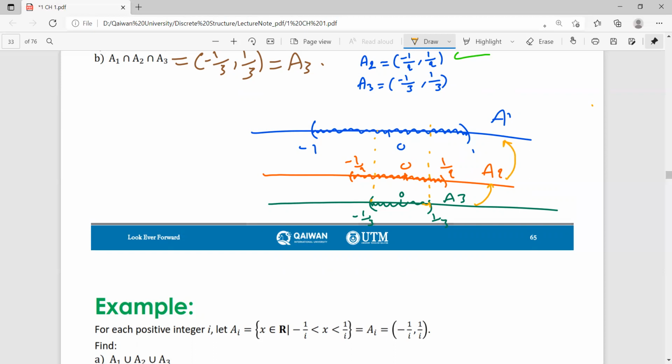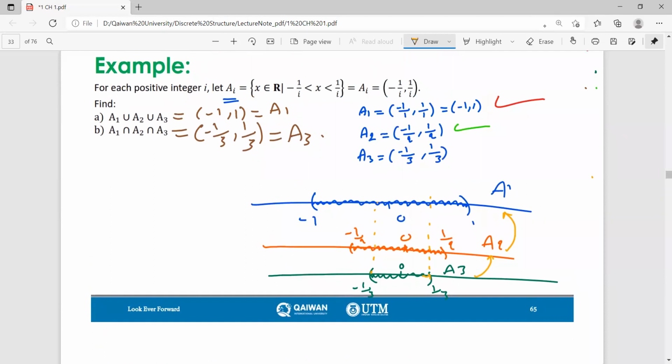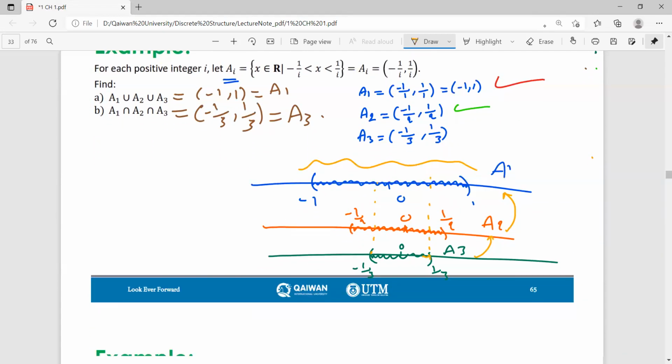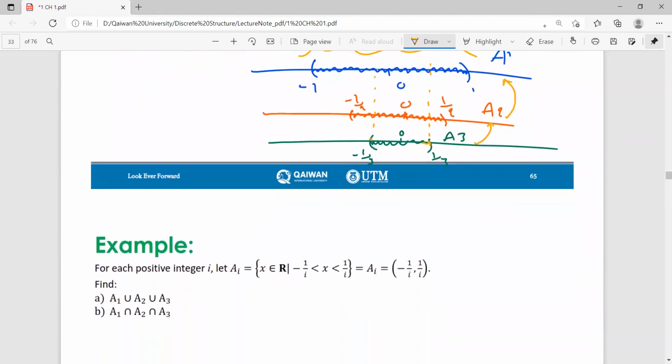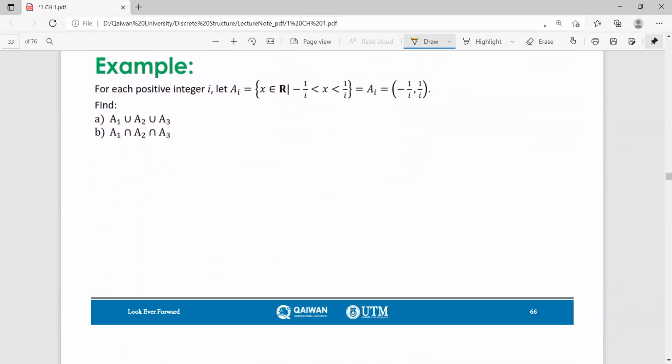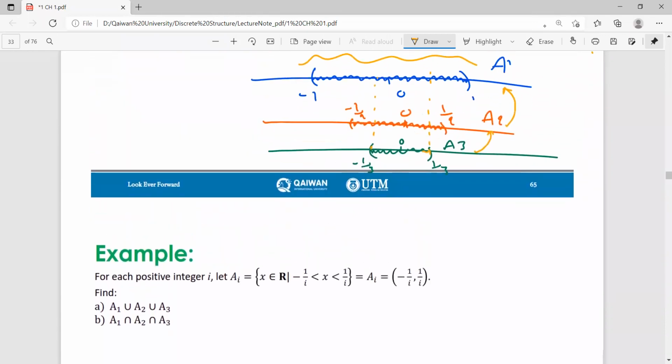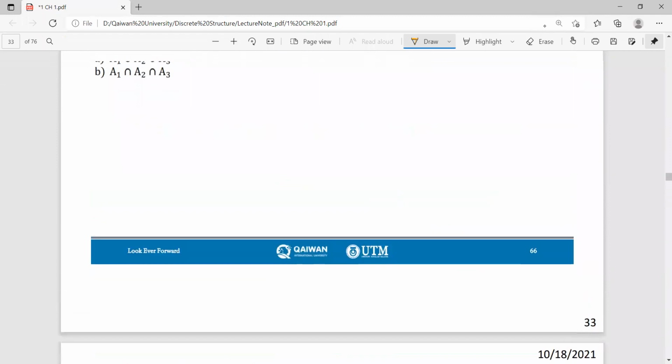That means the union is the biggest one, the greatest interval, which is -1 to 1, and it's also A1. So the union of these three sets is from -1 to 1, and the intersection is from -1/3 to 1/3. And it's repeated on this slide. Sorry.